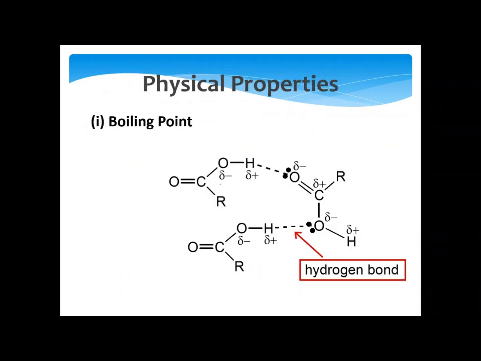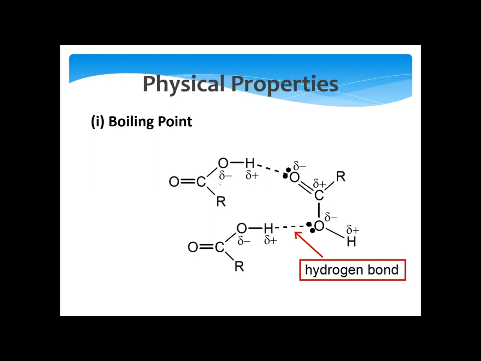A few physical properties that we'll be looking at for carboxylic acids. First one being boiling point. If we take a look at the COOH group, you will realize that carboxylic acids are capable of forming hydrogen bonds between the molecules because of the COOH portion.